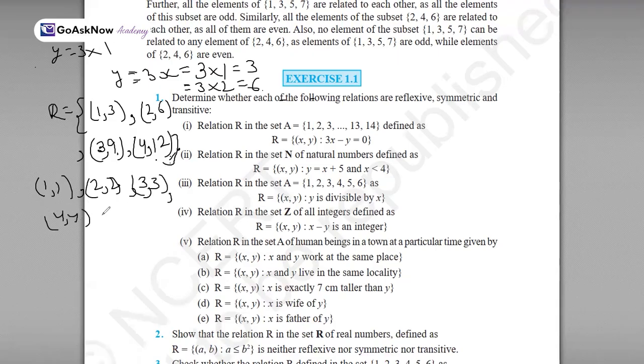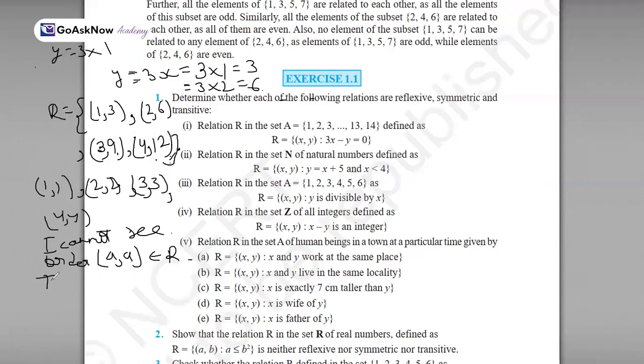No. I cannot see ordered pairs of the form a comma a belonging to relation R. The relation must have this pattern of ordered pairs to be reflexive.